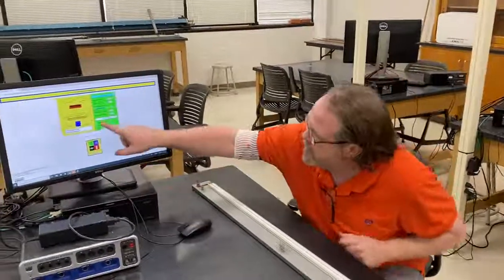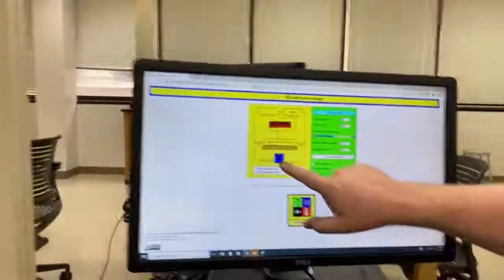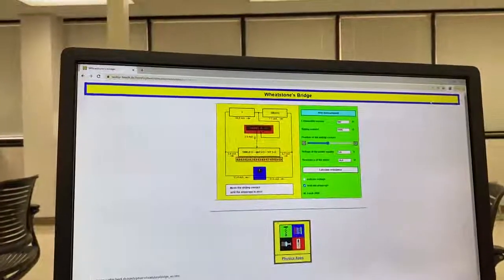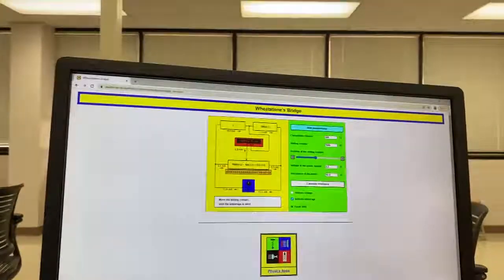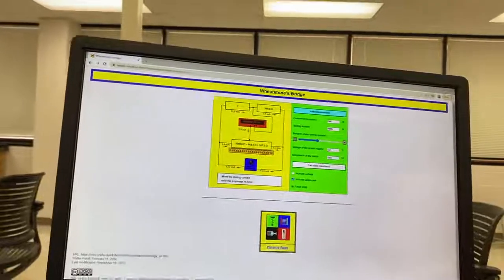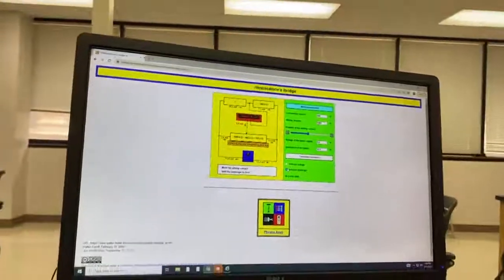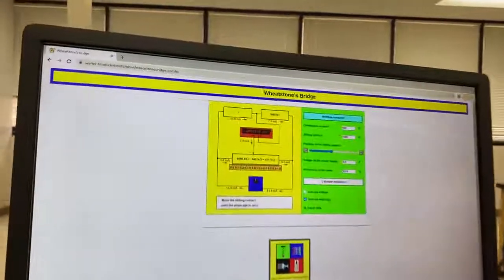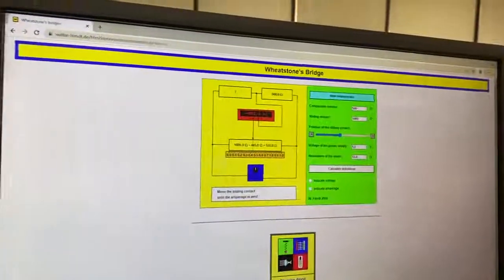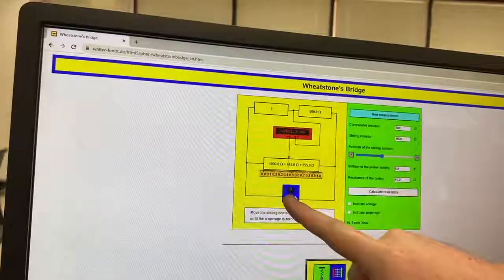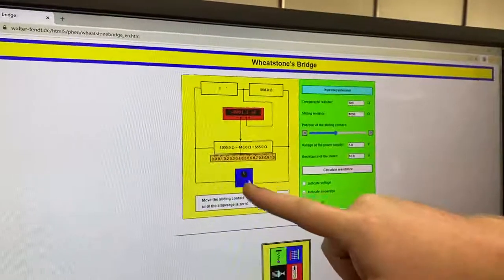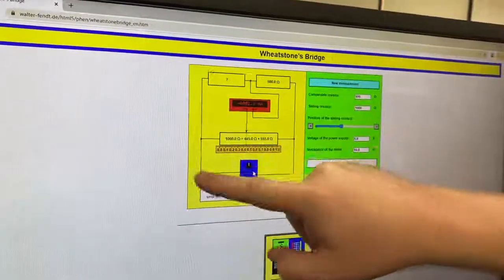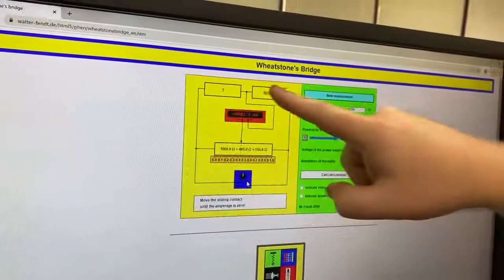Now in our circuit diagram, in the simulation, we have a power source down here. I'm going to turn off some of these additional indicators for the moment. Let's reset that. Okay. So we've got a power source down here, which is basically a battery. And then we have two paths that the current can take, through this or through this.